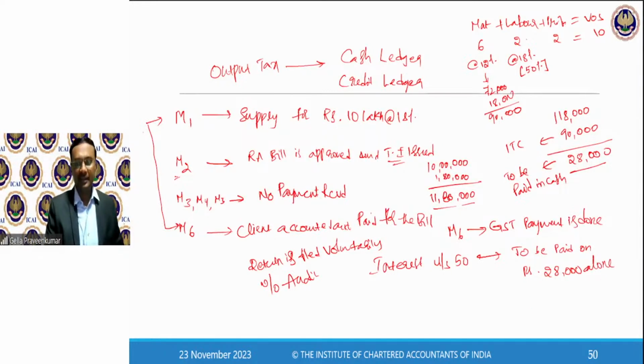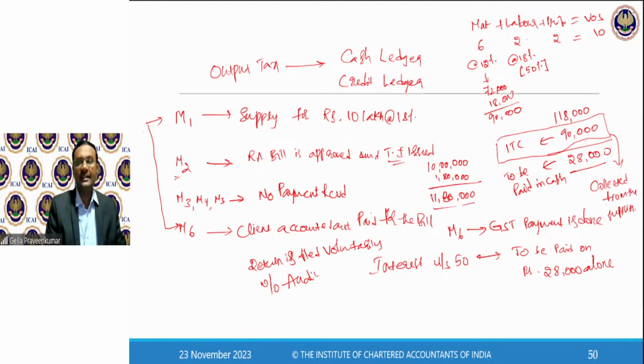Why? The government says, look, the input tax credit which is used for payment of tax has already been received by the government. This has been collected from the supplier.